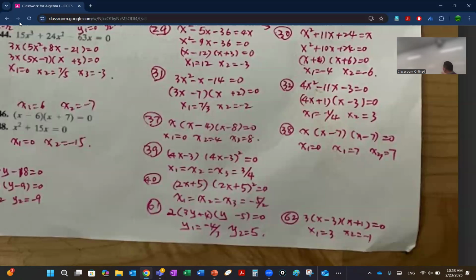Negative 60, the sum of them will be negative 11. This means you need negative 15 and positive 4. So these two are already in your mind. You can see the factors here: these two is 4y, this is negative 15. How do you come up with these?